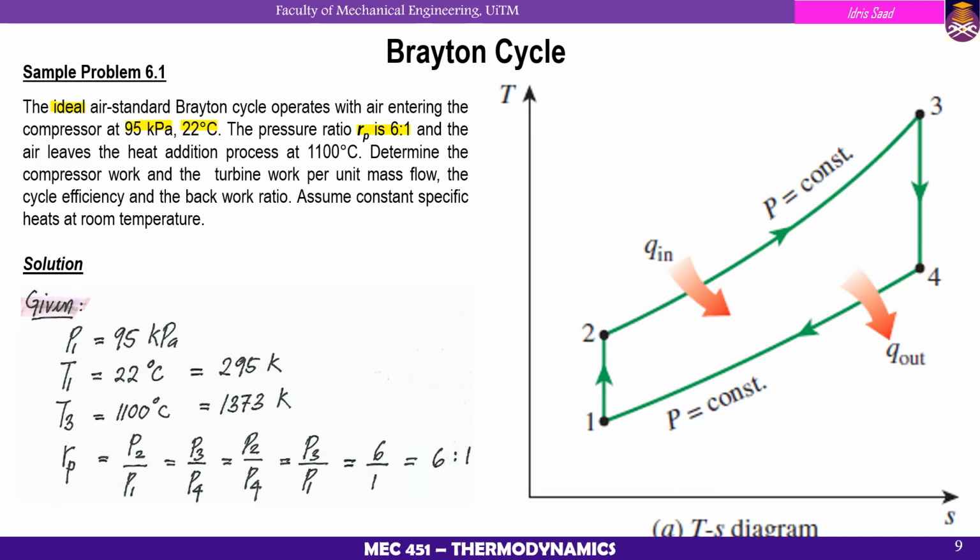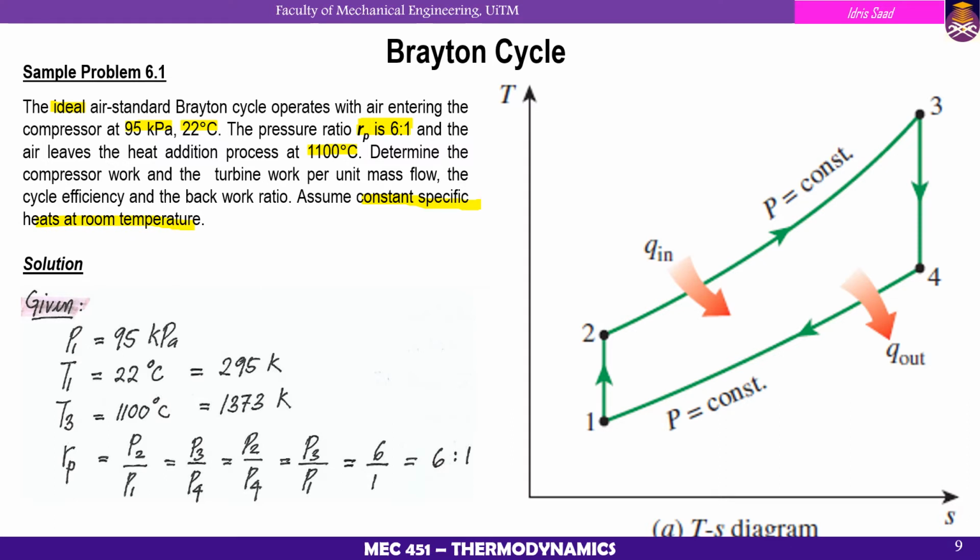Please do remember the colon means 6 to 1, it is not 6.1. And the air leaves the heat addition process at 1100 degrees Celsius. Determine the compressor work and the turbine work per unit mass flow, the cycle efficiency, and the back work ratio. Also, assume constant specific heat at room temperature.